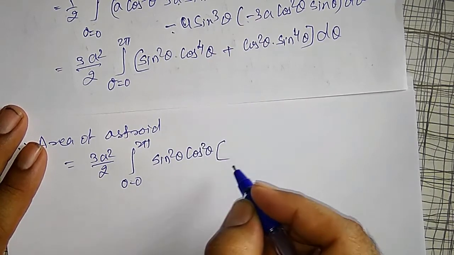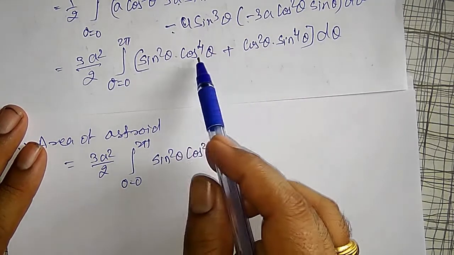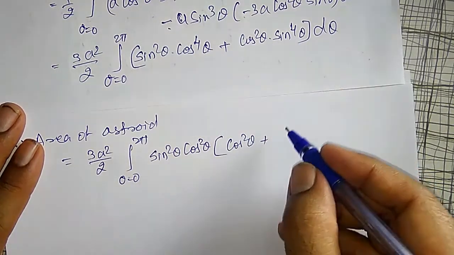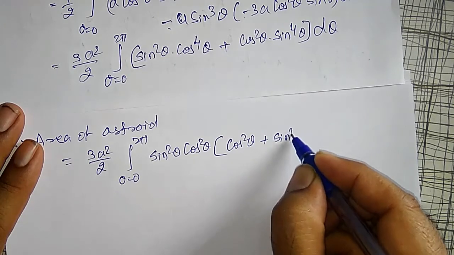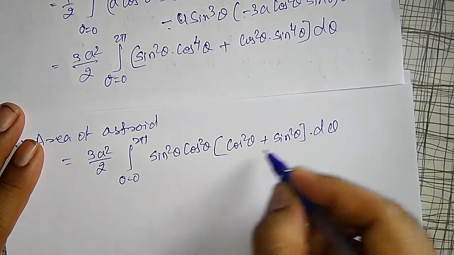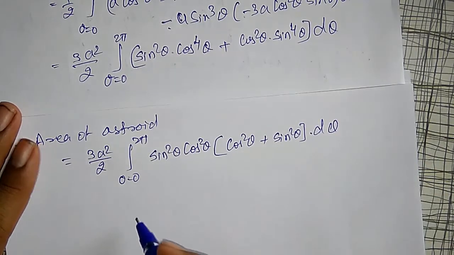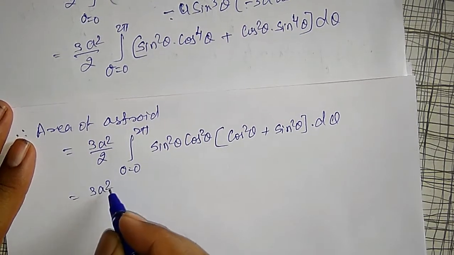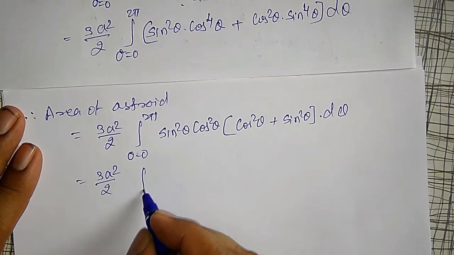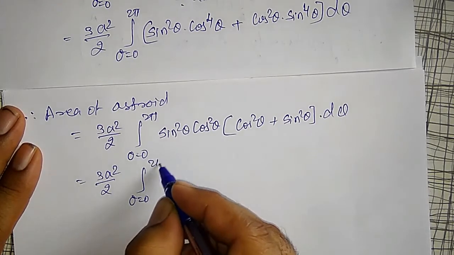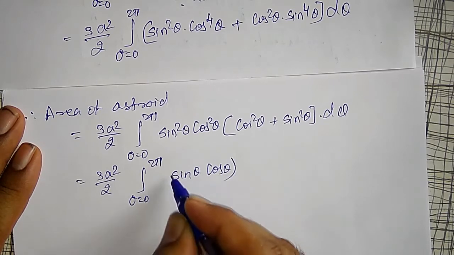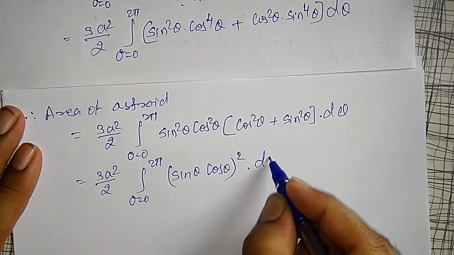If sin square theta cos square theta is taken common, here will remain cos square theta plus, and here I will remain with sin square theta into d theta, but sin square theta plus cos square theta equal to 1. Therefore 3a square divided by 2 integration from theta equal to 0 to 2 pi into sin theta cos theta the whole square I can write into d theta.